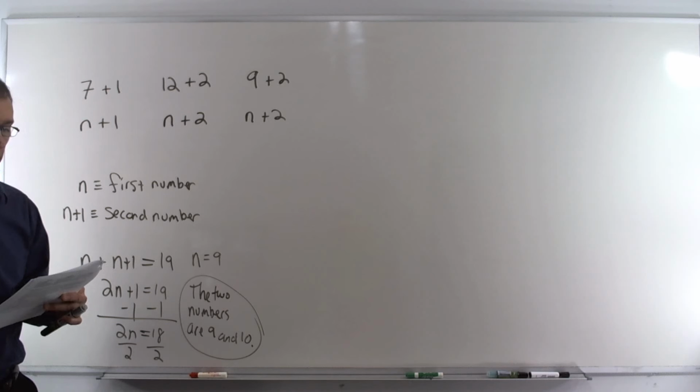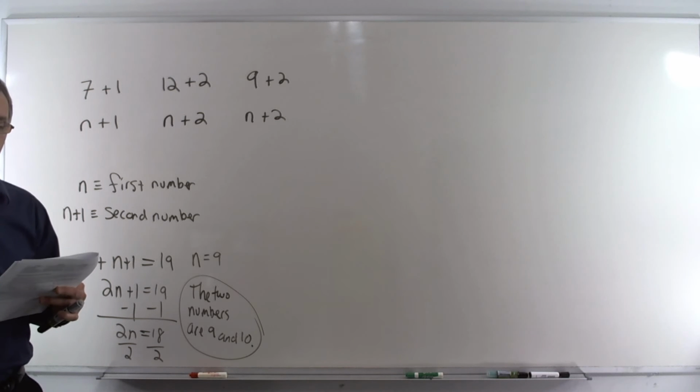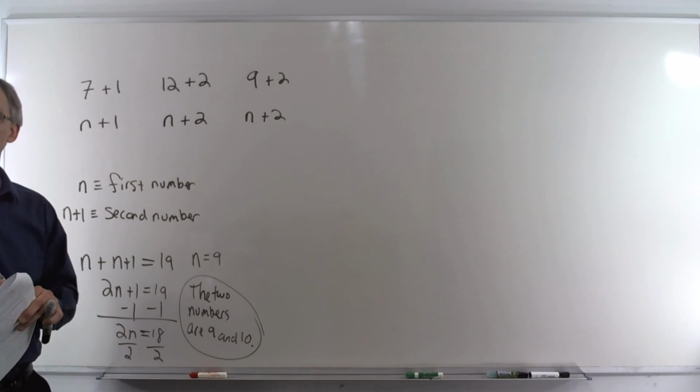Your turn. The sum of consecutive even integers is 34. Find the two integers.